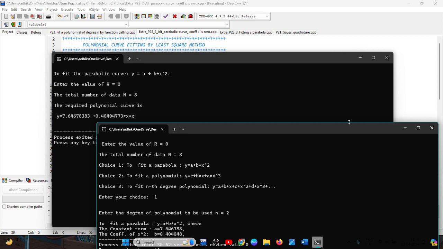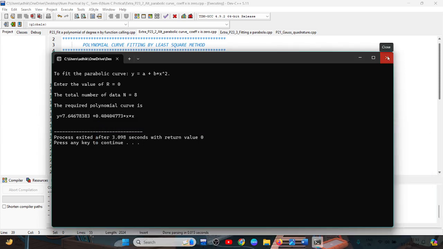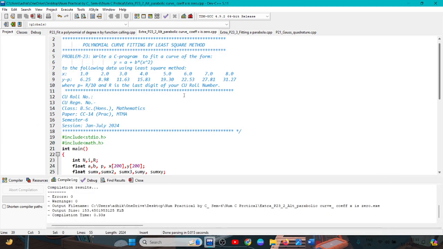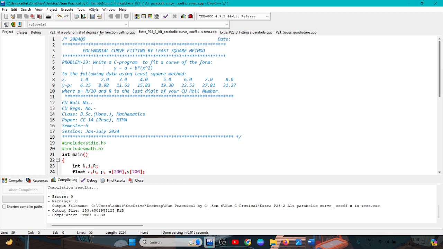So both methods are the same, equivalent. This is the more generalized method.